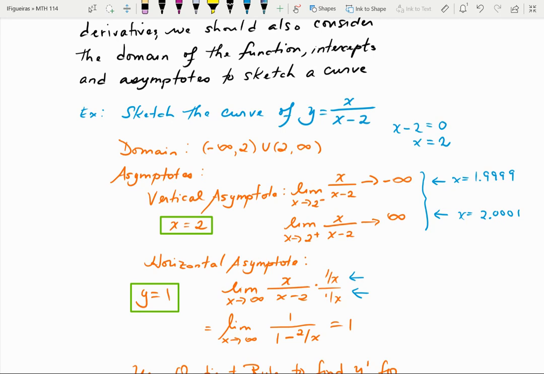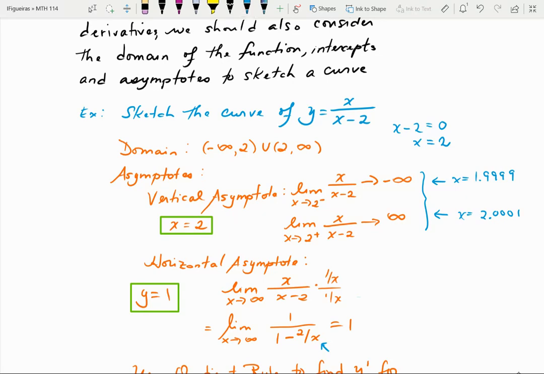All right, so when you distribute the 1 over x, you get the limit as x approaches infinity of 1 over 1 minus 2 over x. And as x approaches infinity, 2 over x becomes a very small number. In other words, it goes to 0. So you're left with 1 over 1, which is just 1.